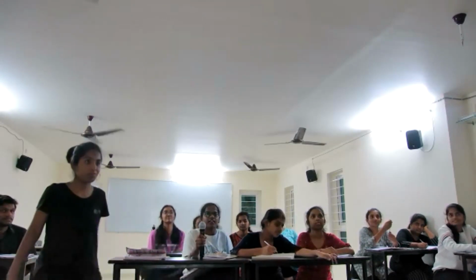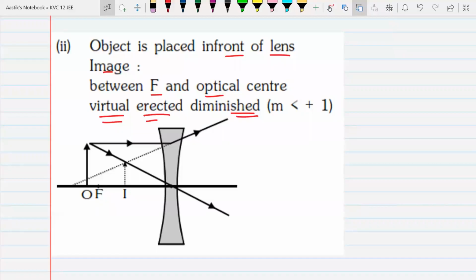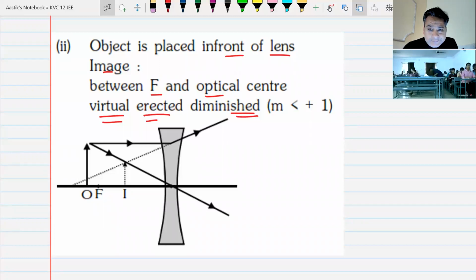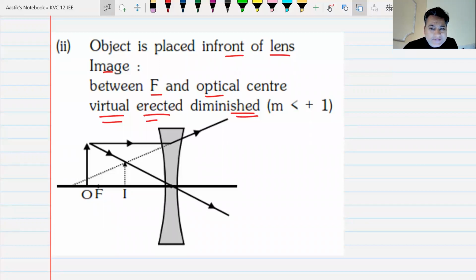Yes, you can see my screen. Yes or no? Yes, sir. Okay, so where were we? We were discussing the second case. The object is placed anywhere else.